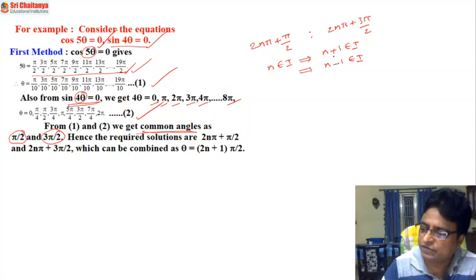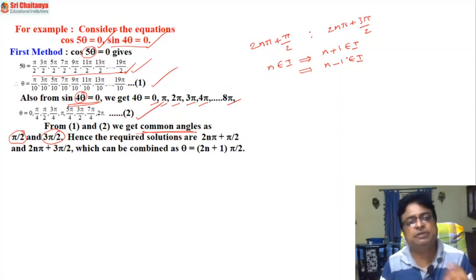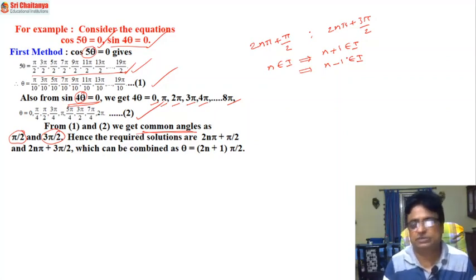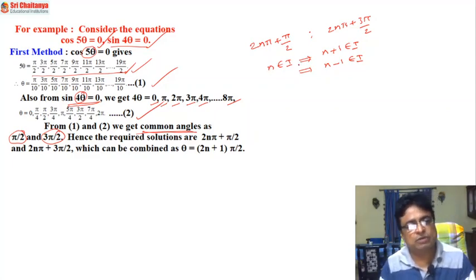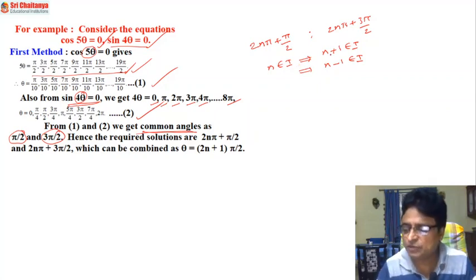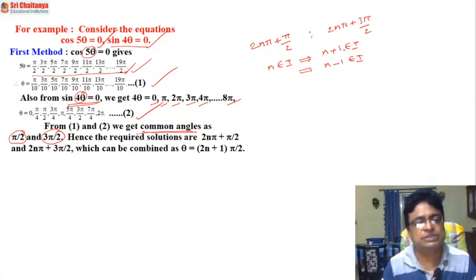There is no difference between n plus 1 and n minus 1, because if n is an integer, we are not considering a particular value. It is an infinite collection of values. So, n is an integer means and so on, minus 3, minus 2, minus 1, 0, 1, 2, 3 and so on. The same values you can also get for n plus 1, and similarly for n minus 1.